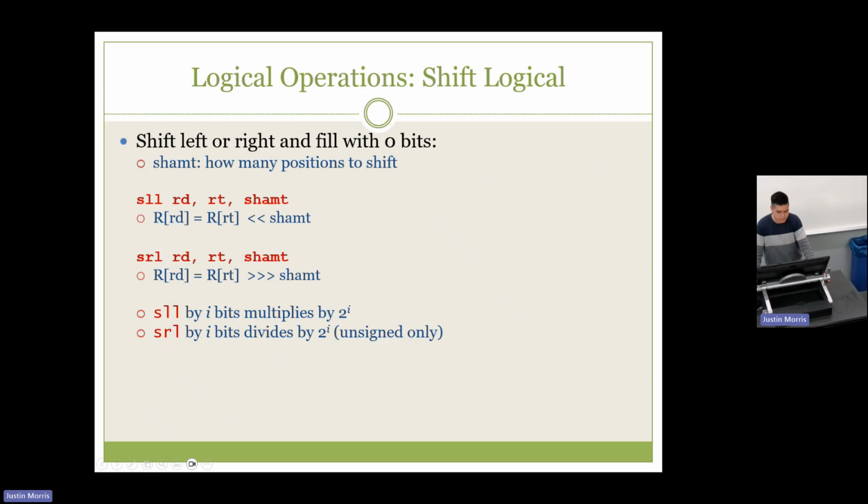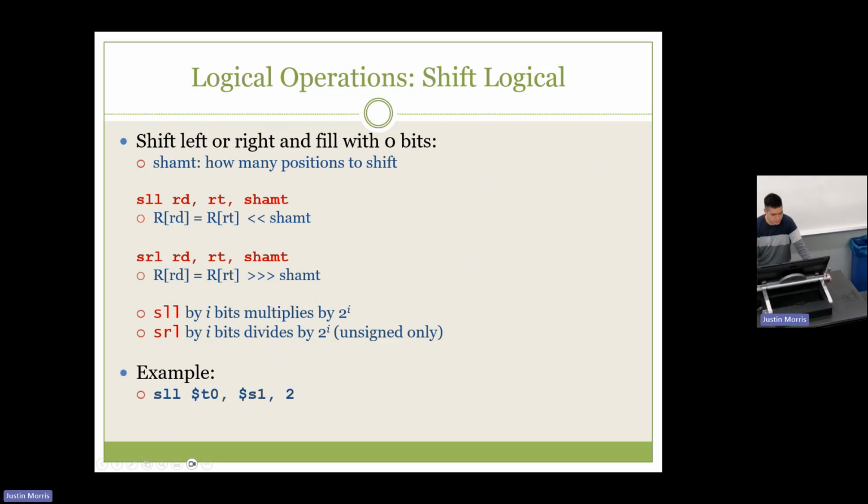And then shift right is going to divide. And again, you aren't going to get decimal points out of this. If you're shifting out a 1, it's not going to become a 0.5. It's just going to be truncated. Okay.